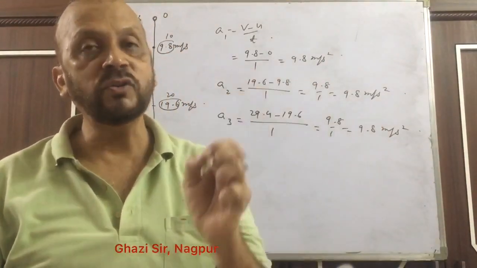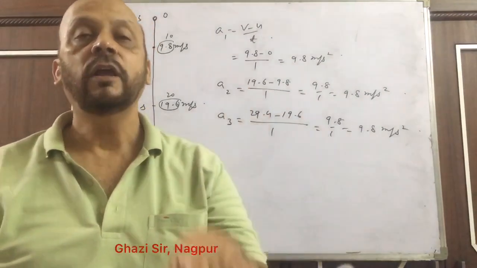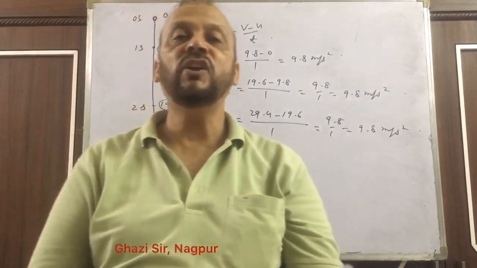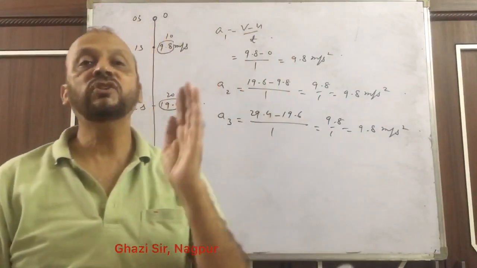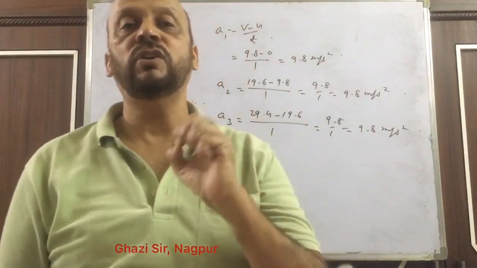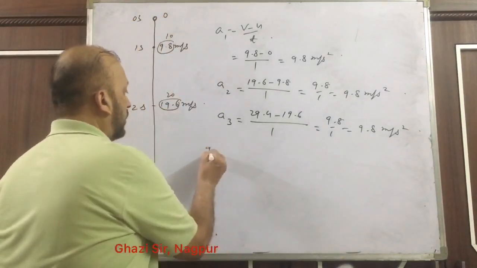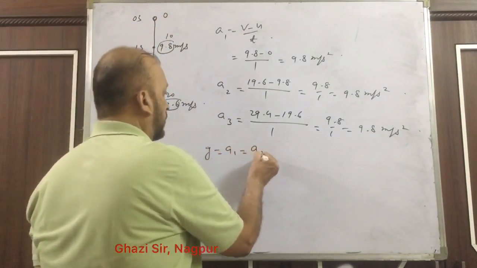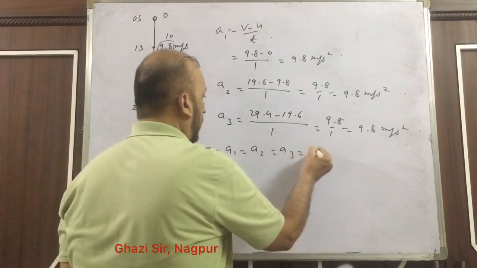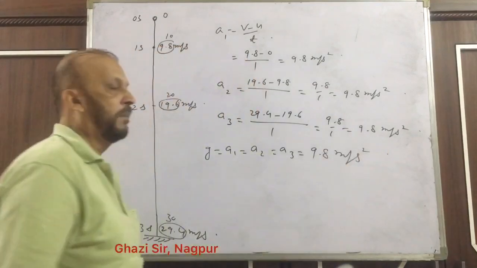So this force of gravity is producing acceleration in the body, increasing speed. Therefore this acceleration is called acceleration due to gravity, and we denote it by the term g, small g. So g is equal to a1 is equal to a2 is equal to a3 is equal to 9.8 meter per second square.